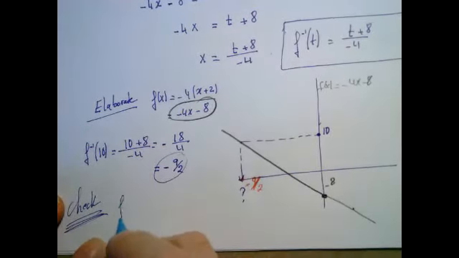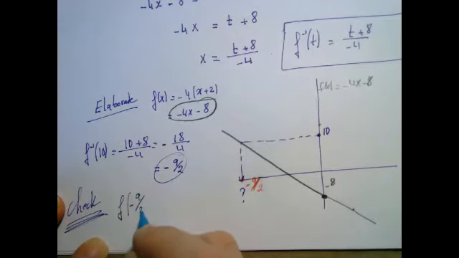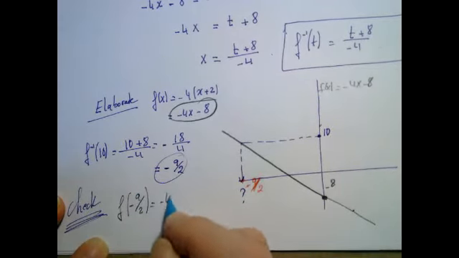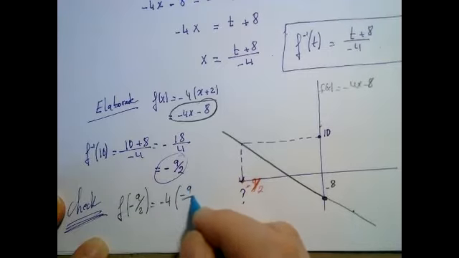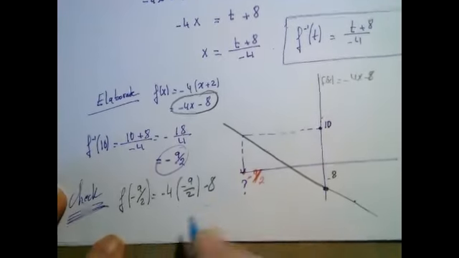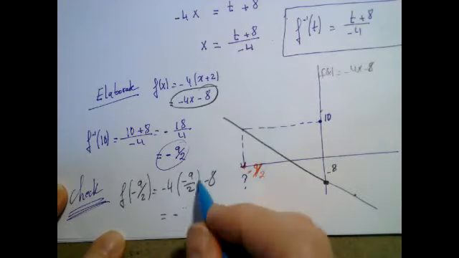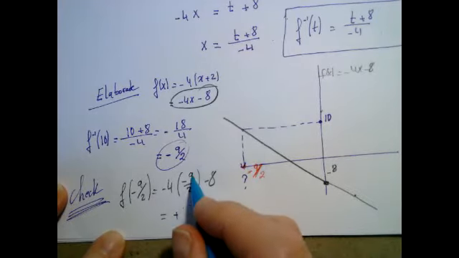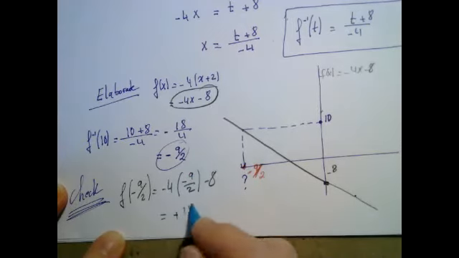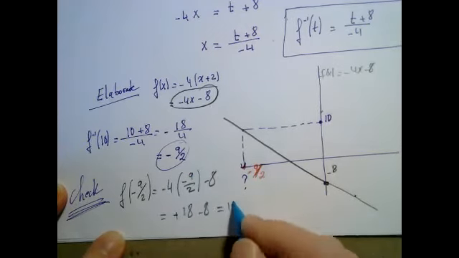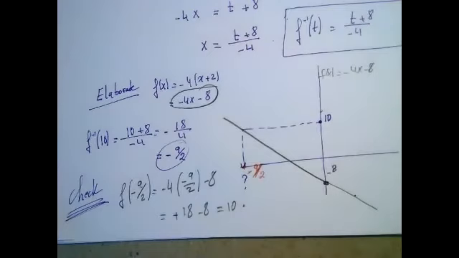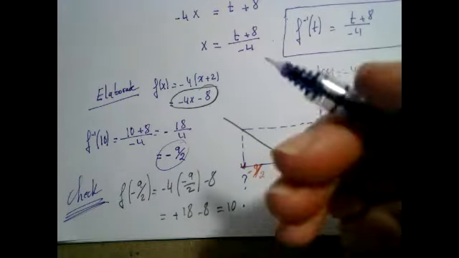If I compute f at minus 9 halves, I get minus 4 times minus 9 halves minus 8. Minus times minus is a plus, so this gives me 18 minus 8, which is 10. That convinces me that my formula makes sense. So that's really what the inverse function is about.